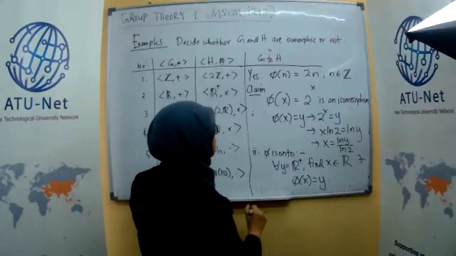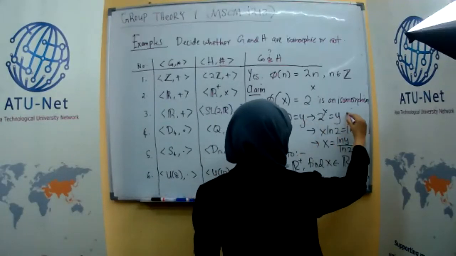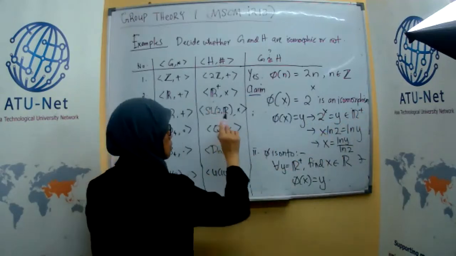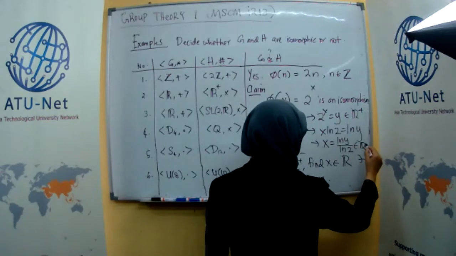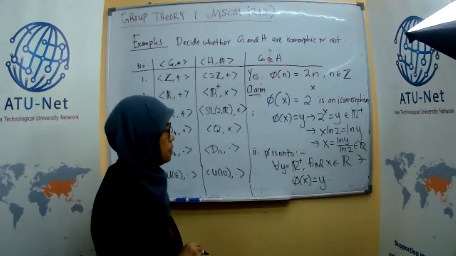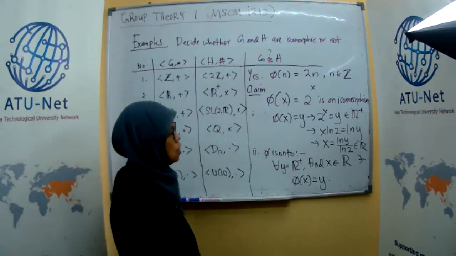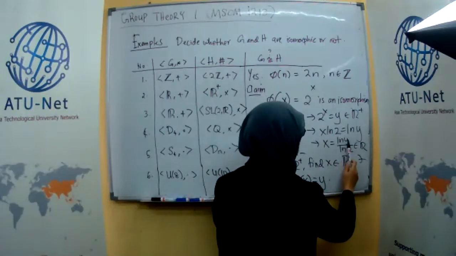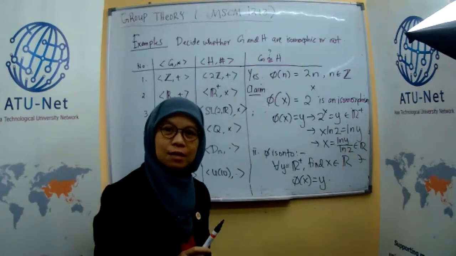And since y is in R plus, ln y over ln 2 is also in R, so x is in R. Since y is always in R plus, you can always find the natural log.